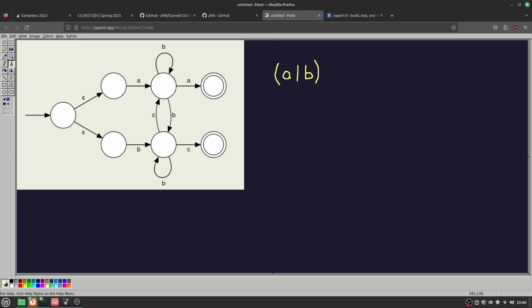So from here we can do 3 things. We can end by reading A. Here we can end by reading C. So it should always be concatenated with A or C at the end, right?